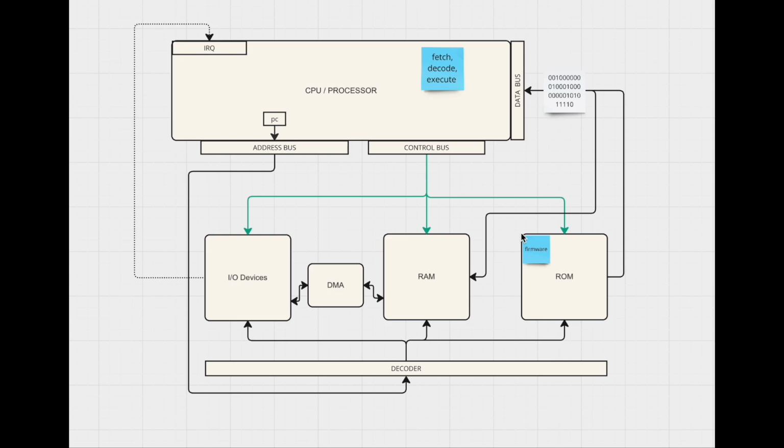And now let's quickly talk about I/O devices. So after executing instructions, most times the CPU wants to communicate with the outside world. It wants to store information, it wants to send information from itself to a different computer through a network. And the computer needs to do this by interacting with I/O devices connected to it.